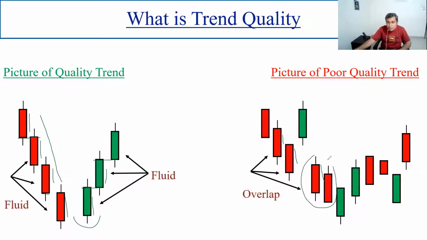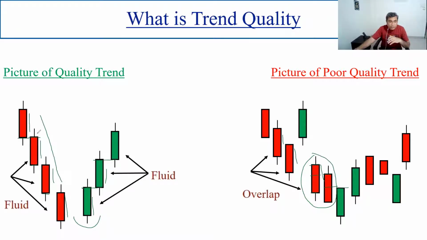So let's take an example of these two bars. This bar opens here and it closes here, and the next bar after it has an opening more than 50% of its prior bar, and then it closes below it, right? Then you have this bar which again closes almost about 50% of its prior bar. So here the bars are overlapping each other so much.